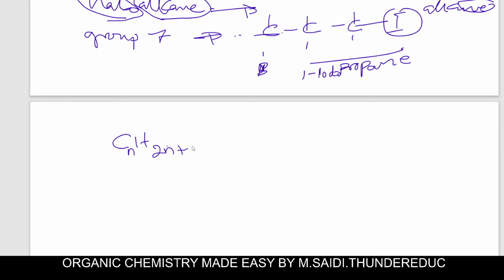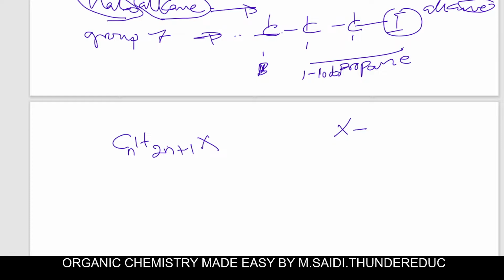We cannot put iodine or bromine here, so we represent the halogen with X. So the functional group of alcohol and haloalkanes are the same. For alcohol you replace the hydrogen with OH, for haloalkanes you replace it with X. I think I'm clear.